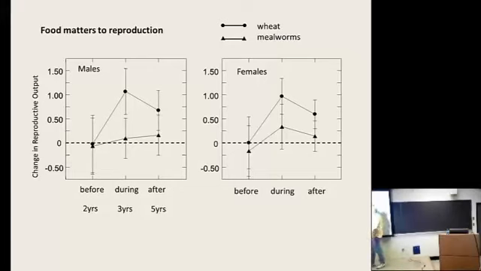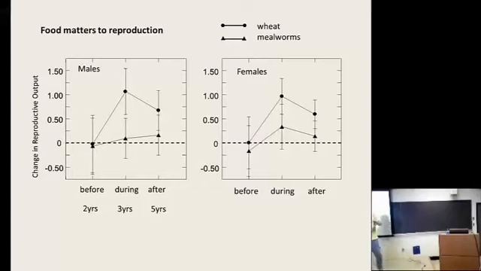We supplemented with two kinds of food supplements, wheat or mealworms, and it's looking at male reproductive output or female reproductive output. We looked at colonies for 2 years prior to the food supplement. And what we're measuring here is the difference between the food supplement and the control colonies.